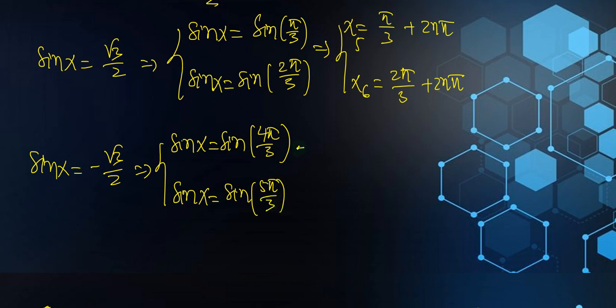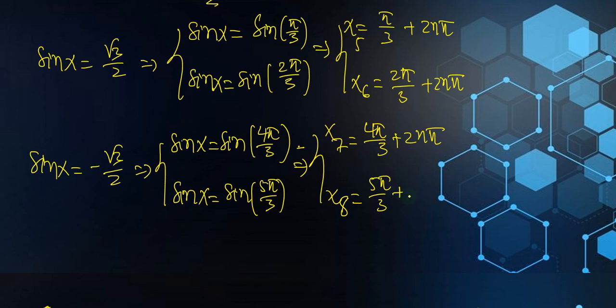This means we're going to have x7 equals 4 pi over 3 plus 2n times pi, and our x8 is equal to 5 pi over 3 plus 2n pi, okay? So these are the solutions, guys.